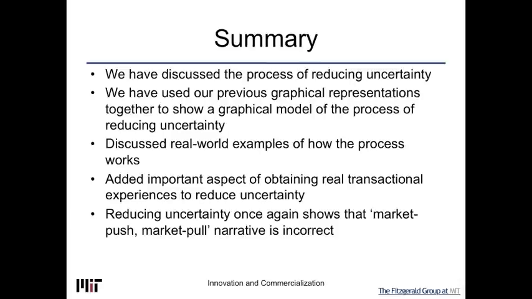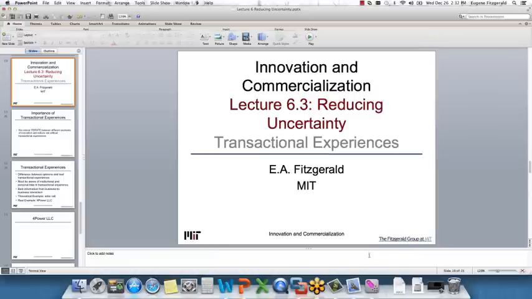And reducing uncertainty, once again, this verifies that this market push, market pull is constantly changing, and even with new pieces coming into the elements, as we talked about with that other application, shows that we should get rid of those linear types of thoughts.